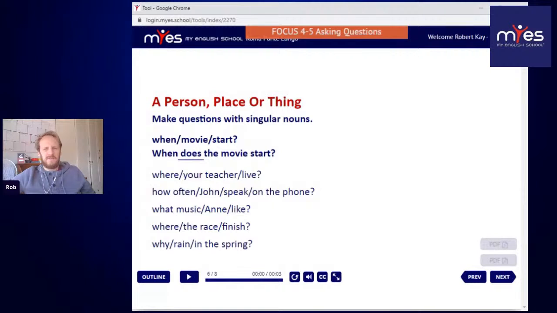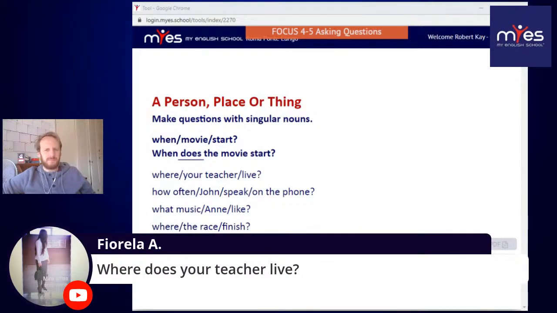If you look at the second one, "where your teacher live", can you write the full question? Exactly, where does your teacher live?